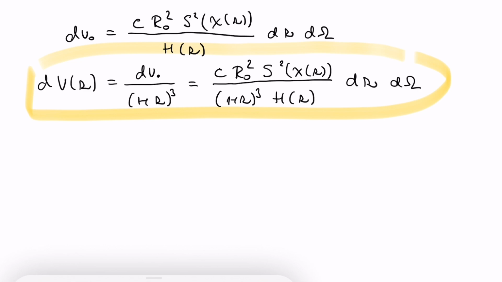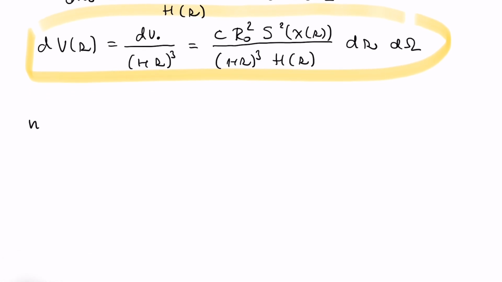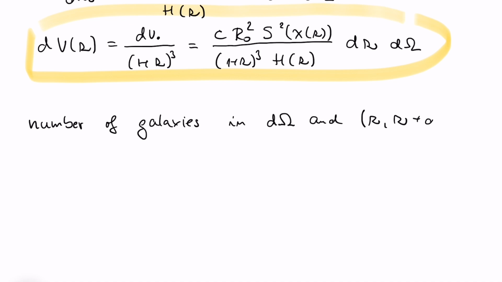Suppose you want to count the galaxies in the sky that you see in solid angle delta omega in some redshift interval from z to z plus dz. This is then the density of galaxies at that redshift times dV.